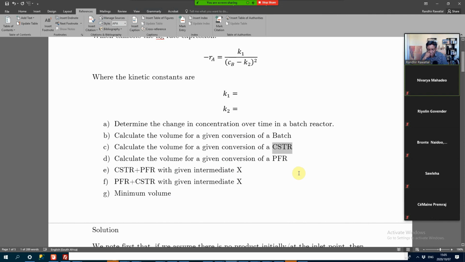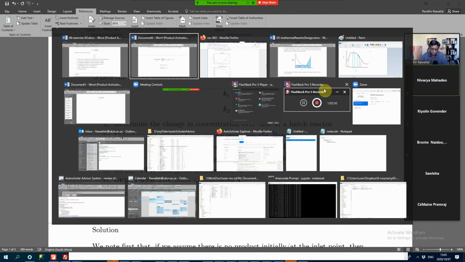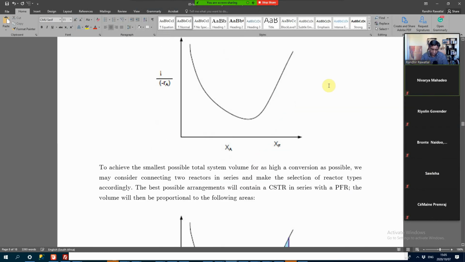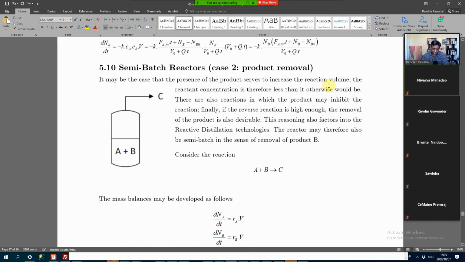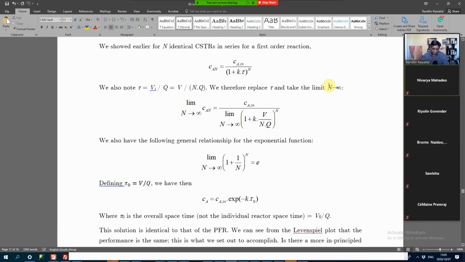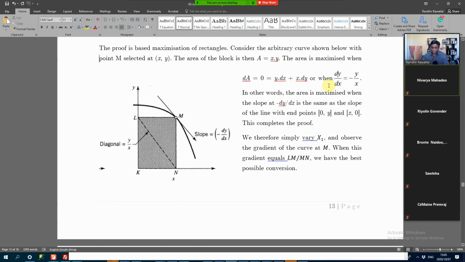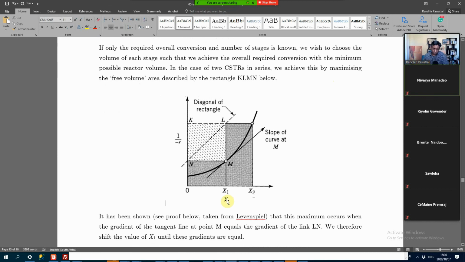Okay, and then in terms of the other questions, yeah, the minimum volume. Have a look at what we said here. If you are looking at two CSTRs, can you estimate the best possible choice for x1? So here's your curve.